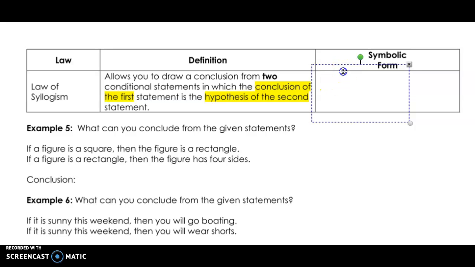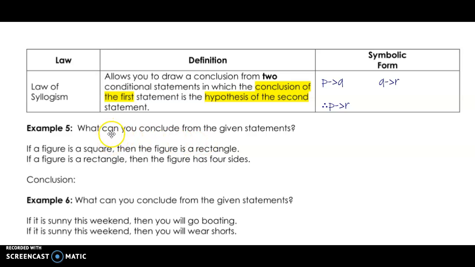So if we have more statements than just what is given in one conditional statement, we use the following letters. If P then Q, and if Q then R, then we can cut out this middleman and go directly to if P then R.